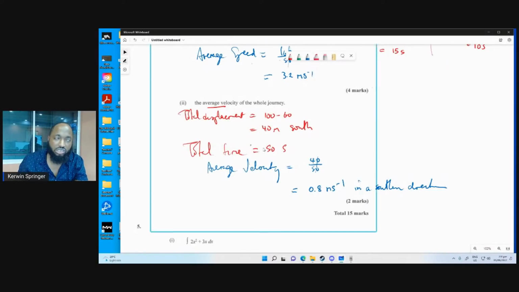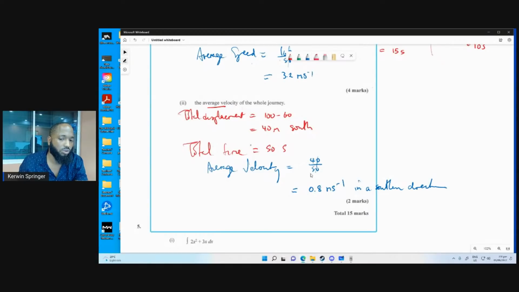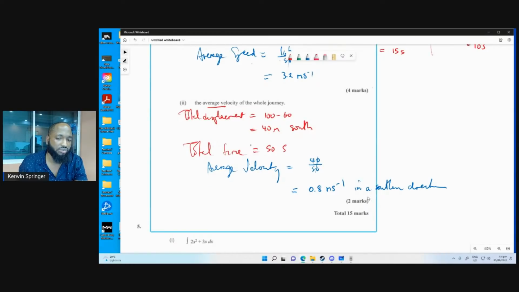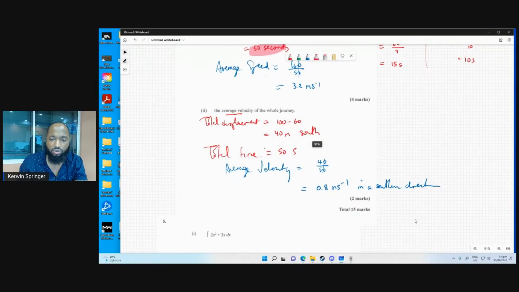Otherwise you're going to lose marks. Another way you can state the direction is by making use of the negative sign, but I would prefer if you just write it and put in a southern direction.